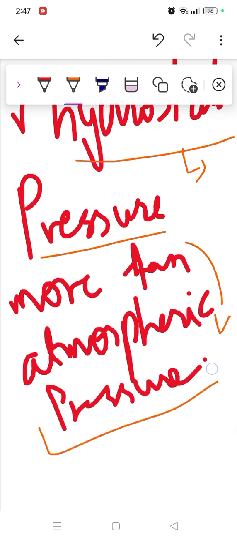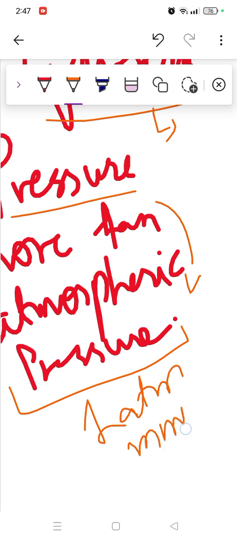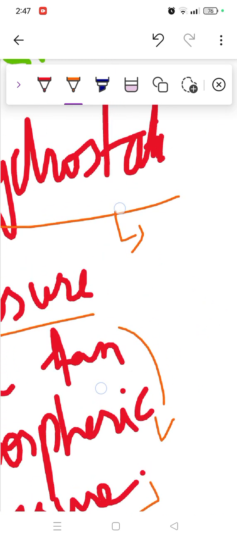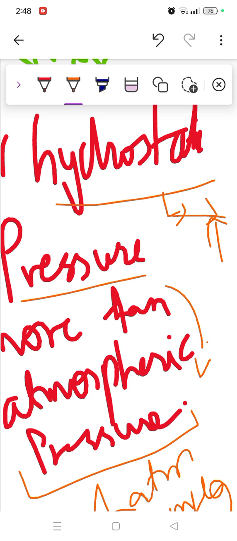Atmospheric pressure is 1 atm and is also written in mmHg. So hydrostatic pressure is more. This means the water which is applying pressure is more than the atmospheric pressure which is present in our environment in the air, right? So this is what they're telling.